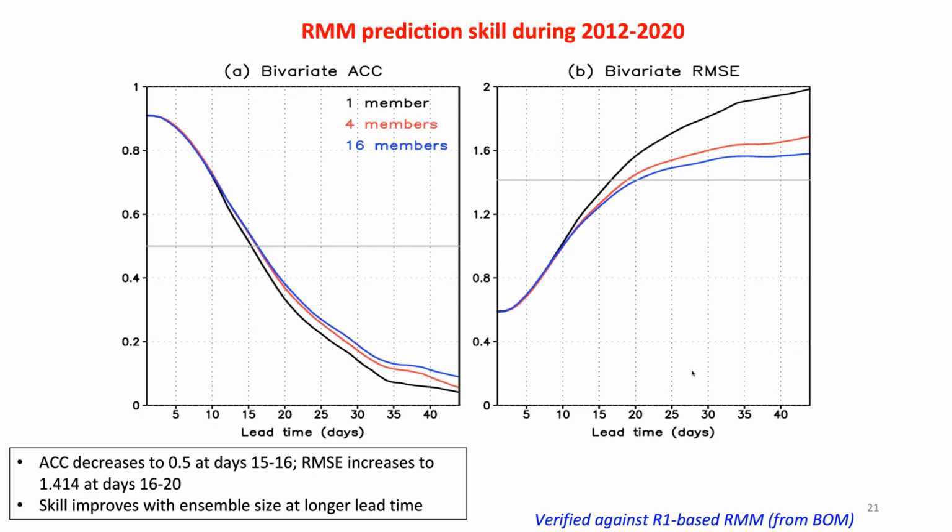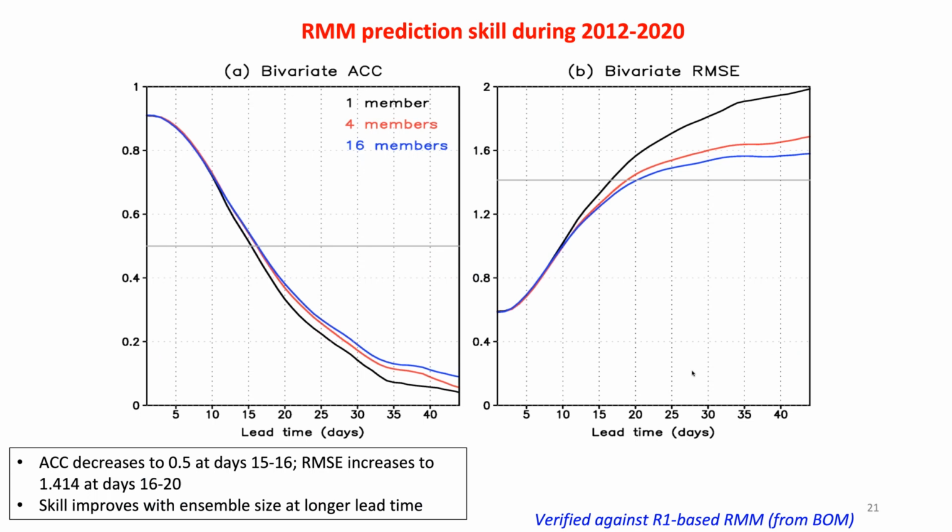So we first look at the RMM prediction skill. This has been used by many people. Here we look at the bivariate anomaly correlation coefficient, which is the left panel. We look at the forecast using 1 member, 4 members, and 16 members.